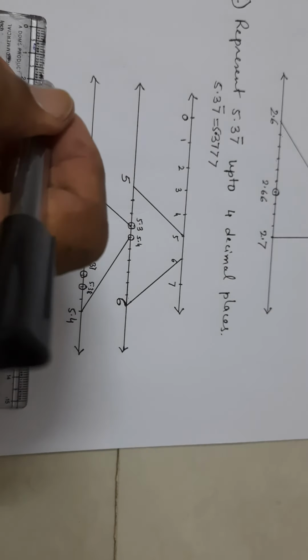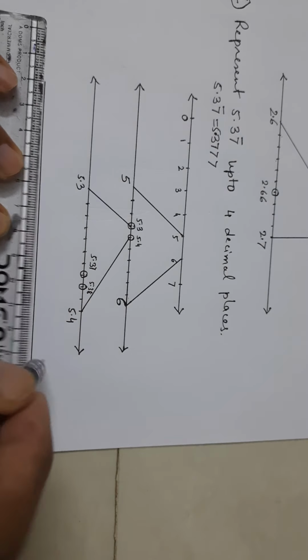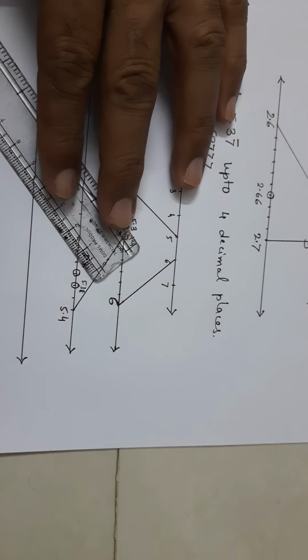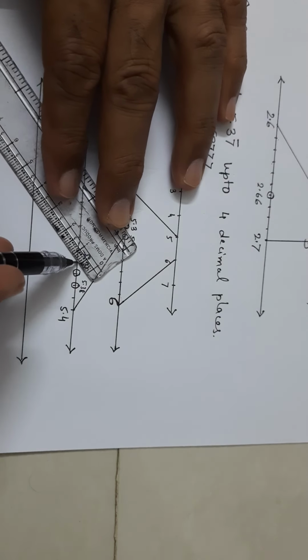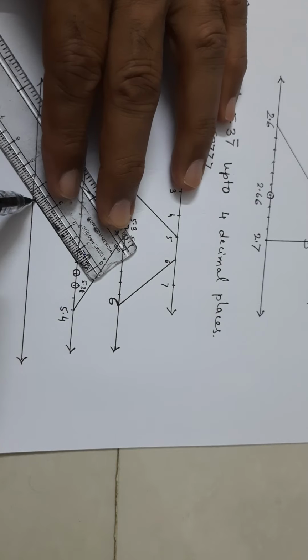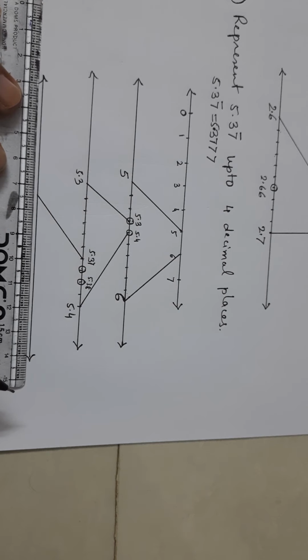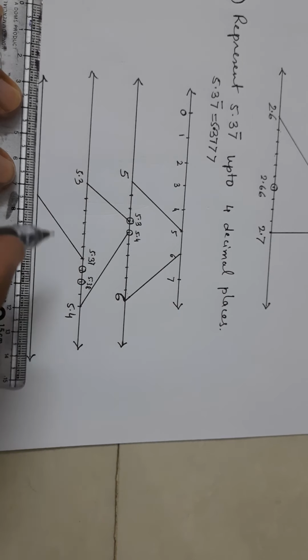So here we take, at one place I am bringing 5.37. I will count 10 equal parts. Let us divide. So 1, 2, 3, 4, 5, 6, 7, 8, 9, 10.